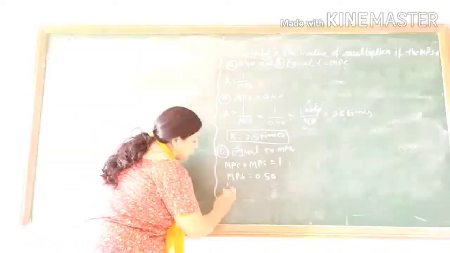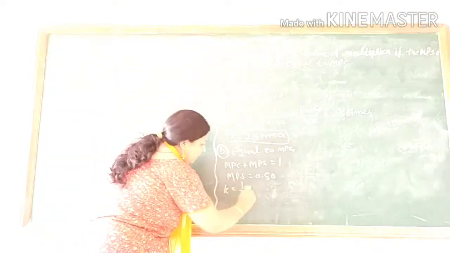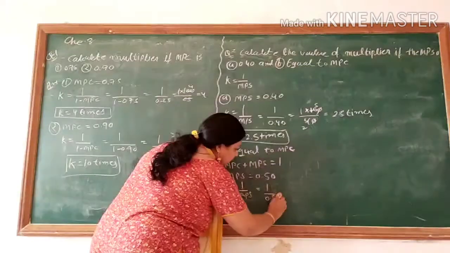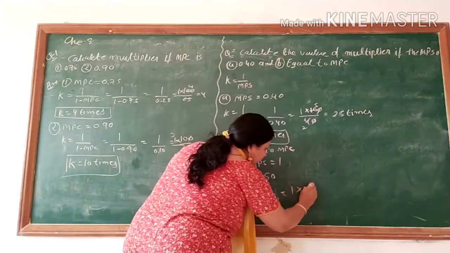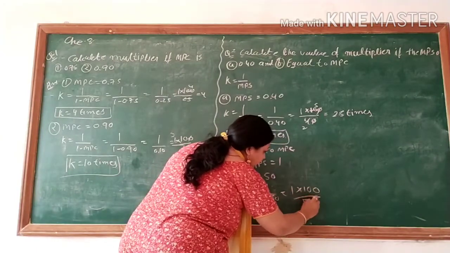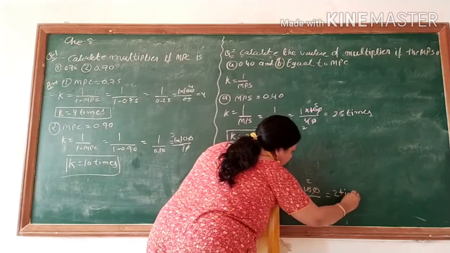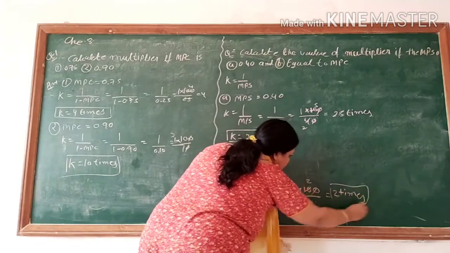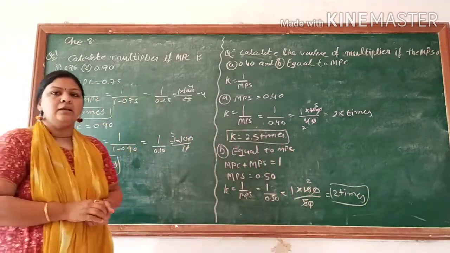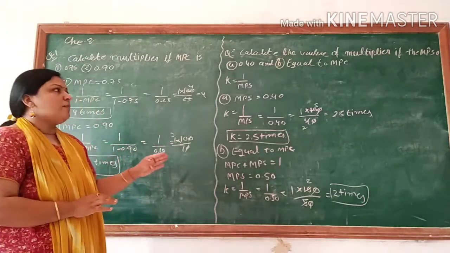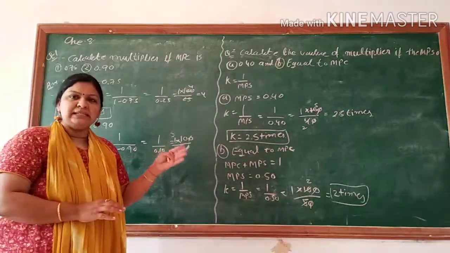So K equal to 1 upon MPS equal to 1 upon 0.50 equal to 1 into 100 upon 50, 5 to 1. So it means your K is 2 times. Clear? This is all about the MPC and MPS.